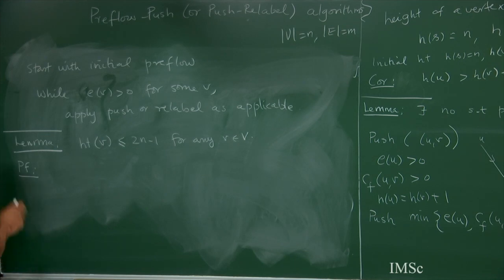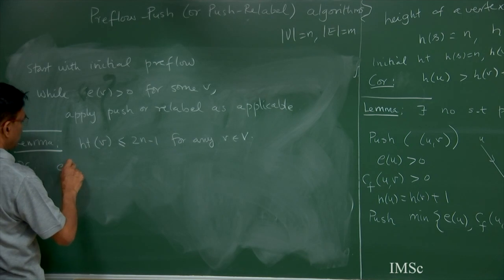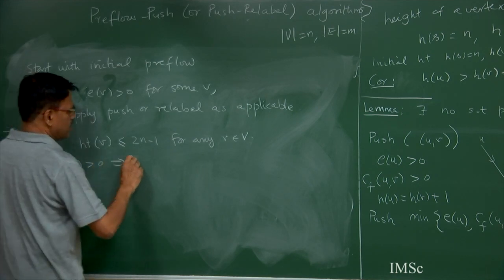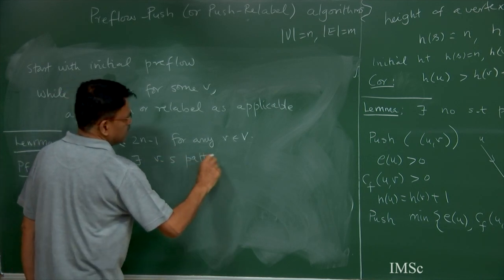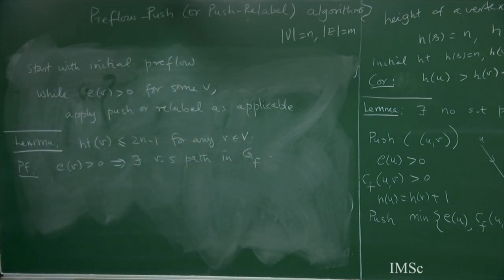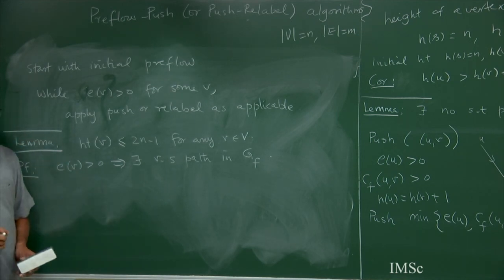I think a claim which is part of the proof is that e(v) greater than 0 implies there exists a v to s path in the residual network. We proved this last time, so I'm not going to repeat the proof.